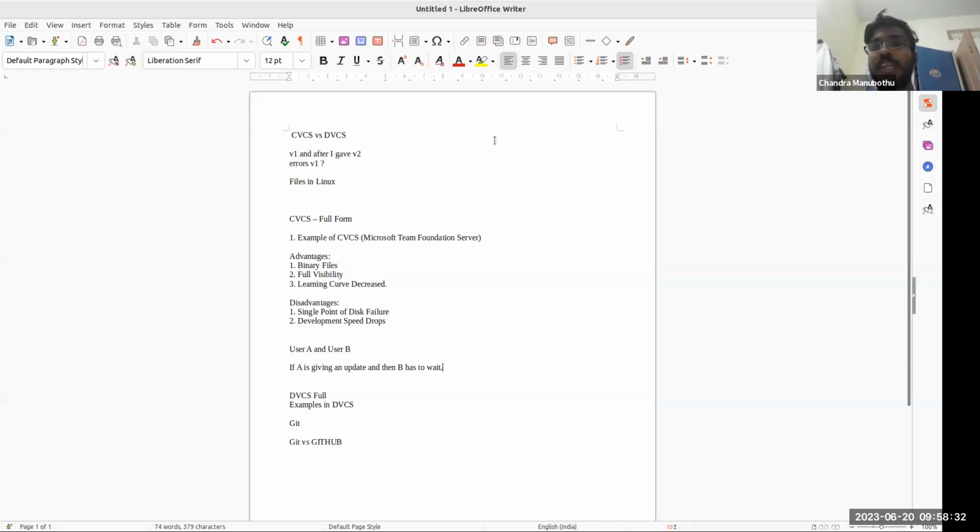In that cloning, everybody has a local copy of the entire version control, of all the versions that were built so far, all the commits that people gave. In this way, though the server in which we stored was lost, all 10 of us had the copies. So it won't be difficult to start a new repo and push these.